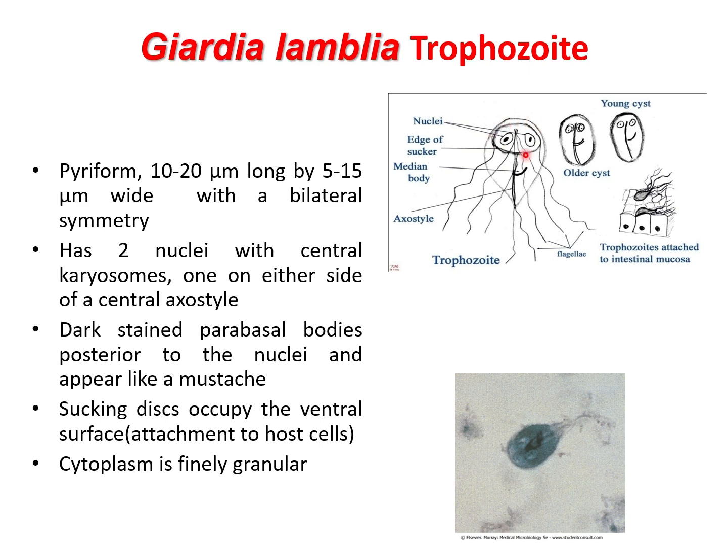In addition, you can see a sucker that surrounds the two nuclei and that enables the trophozoite to bind on the small intestine. And this gives the feature of eyeglasses that surround the two eyes of the trophozoite, which correspond to the two nuclei. In addition, there is also a median body that you can see at the posterior edge of the parasite.